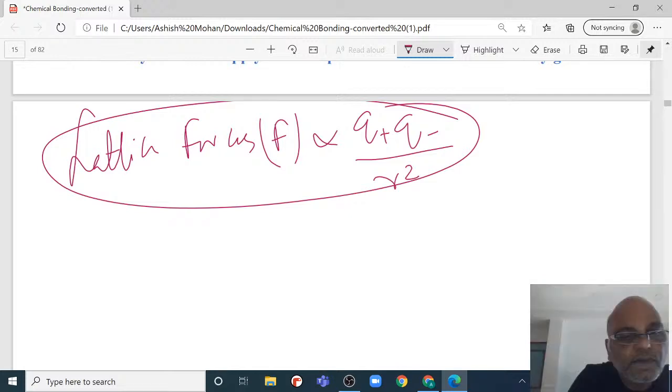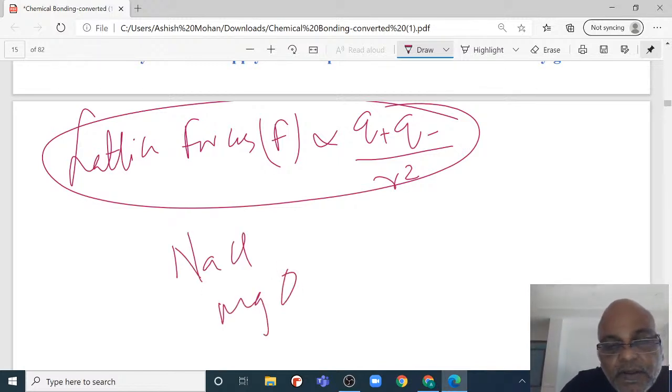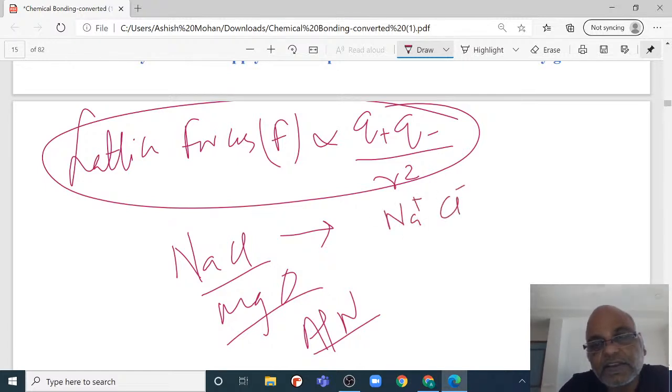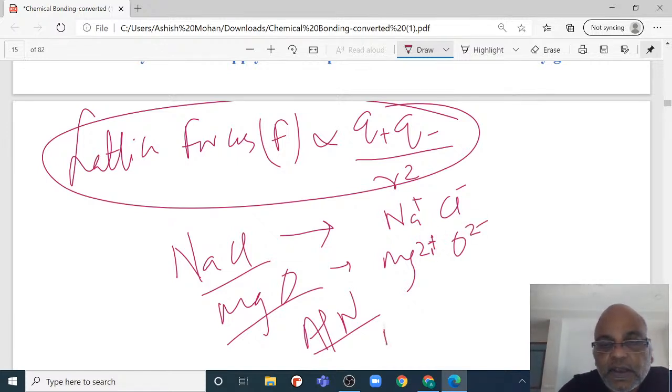Suppose I say NaCl, MgO, AlN. These are the three compounds I am taking. If I ask which has the highest lattice energy, separate the ions: Na plus Cl minus, Mg2 plus O2 minus, Al3 plus N3 minus.